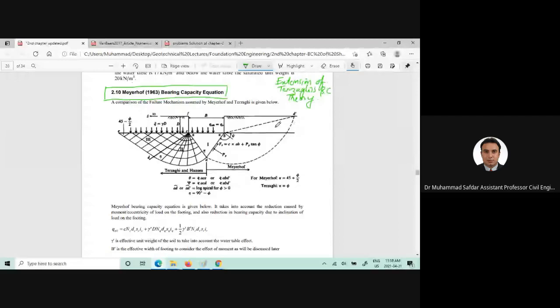Now, the failure mechanism assumed by Meyerhof is presented here.